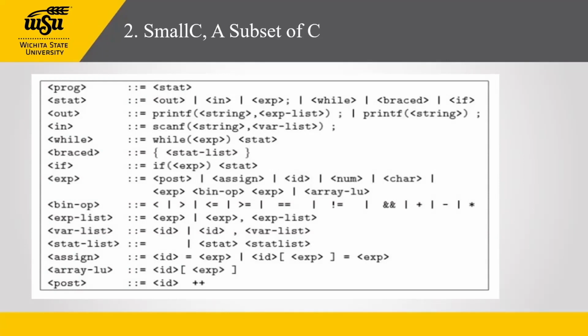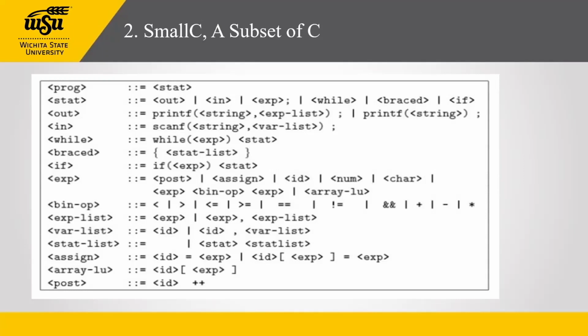If there is an if statement, we all know expression in the post, sign, id, number, character, everything: the variables that we consider to assign a value, we derive in the expression. Binary operators like less than or equal to, greater than or equal to, equal to or not equal to, and plus, minus.